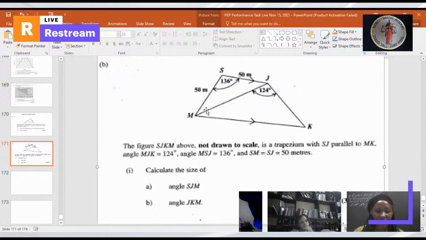So this triangle is isosceles. We know that because they tell us that this is 50 and this is 50 meters as well. So these two angles are equal.